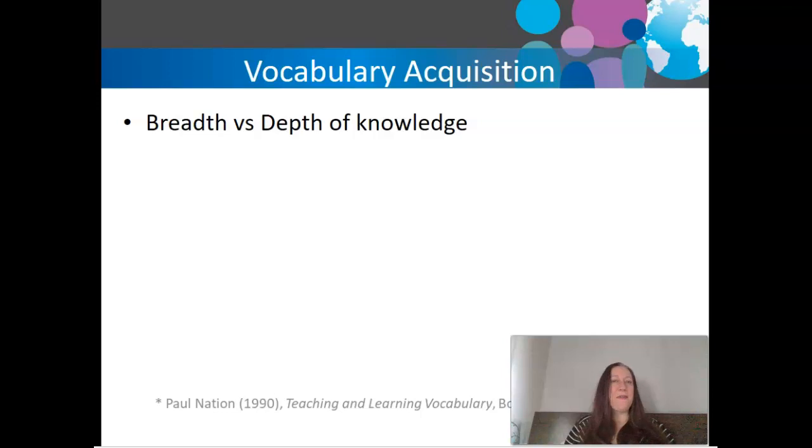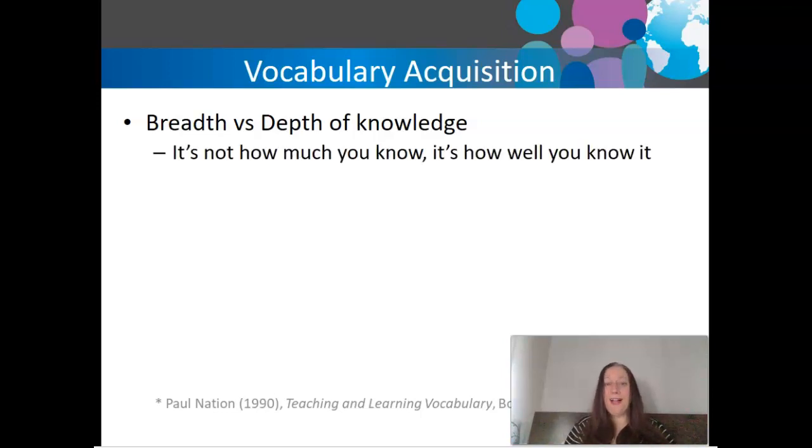But it's not just about how much you know, it's also how well you know it. Knowing a word is not just about knowing what it means. That's obviously a really important part of knowing a word.